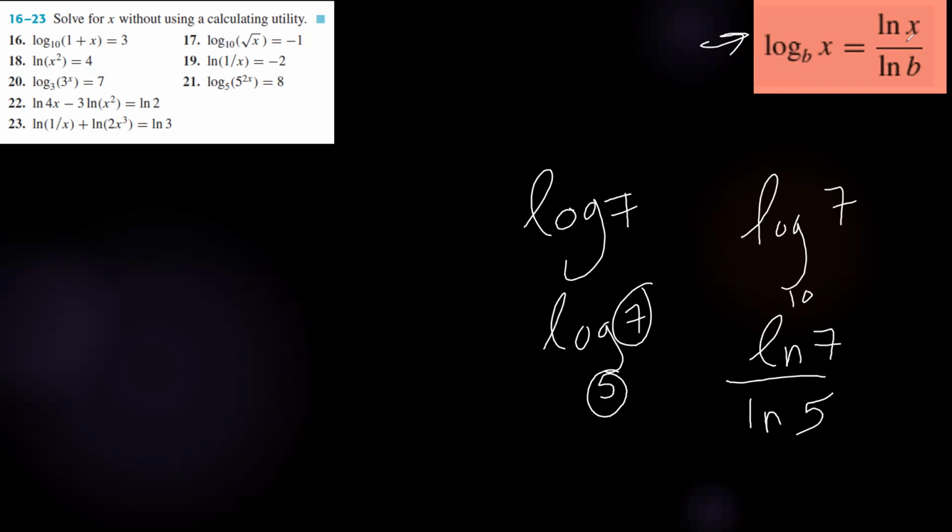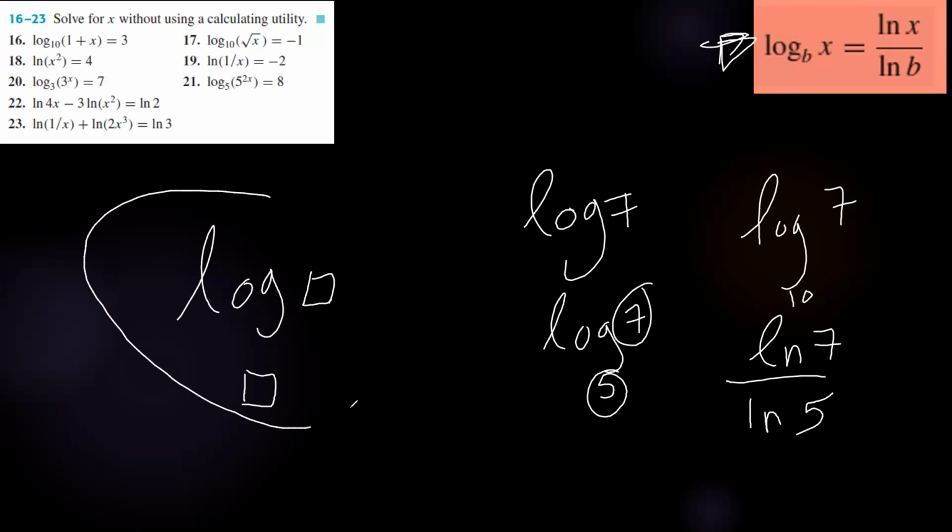So if your calculator didn't have this button, use this one: ln of 7 over ln of 5. Now, do you have any question? No, teacher.